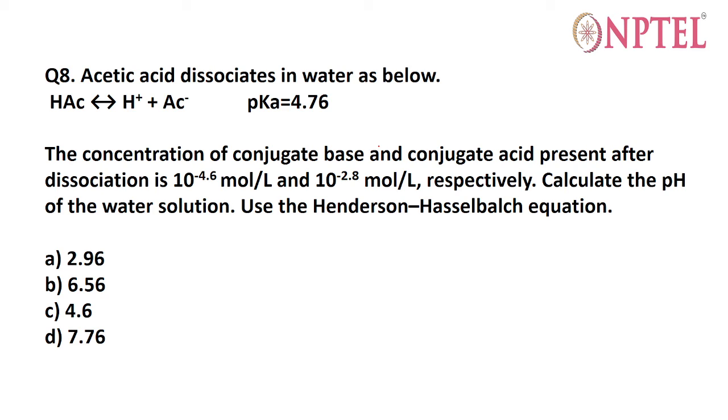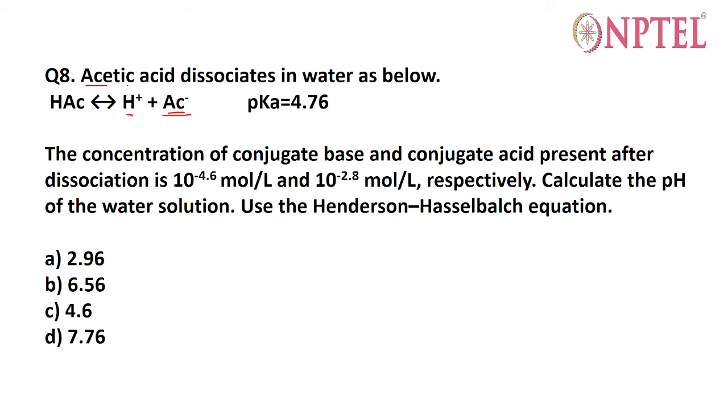Acetic acid dissociates in water in this format: H plus, and CH3COO minus is getting apart from it. So this is represented as the CH3COO minus ion, and this is the H plus.